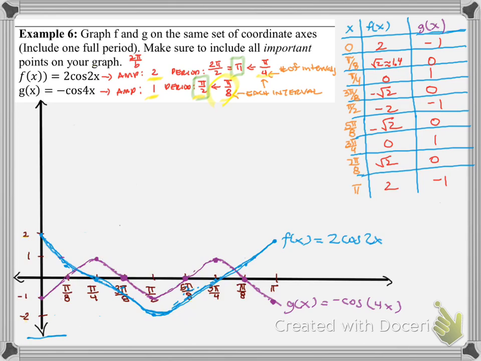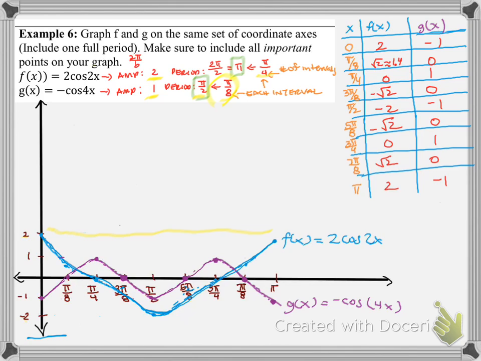So notice, for our f graph, the period was just pi. So it took the entire interval from 0 to pi to draw one cycle of the cosine graph, 2 cosine 2x to be exact.